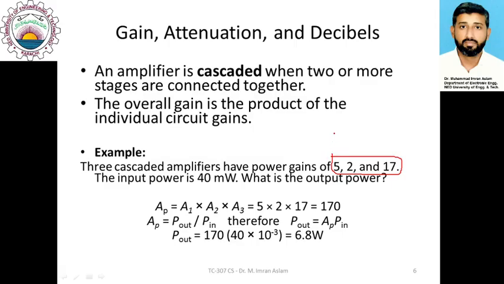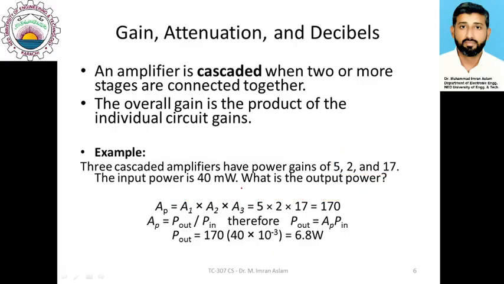What would be that overall amplification? That is equal to the product of the individual amplifications provided at individual stages. So the overall power gain would be equal to the product of individual gains, which I have illustrated as A1, A2 and A3, and if you multiply them together, we get an overall power gain equal to 170.